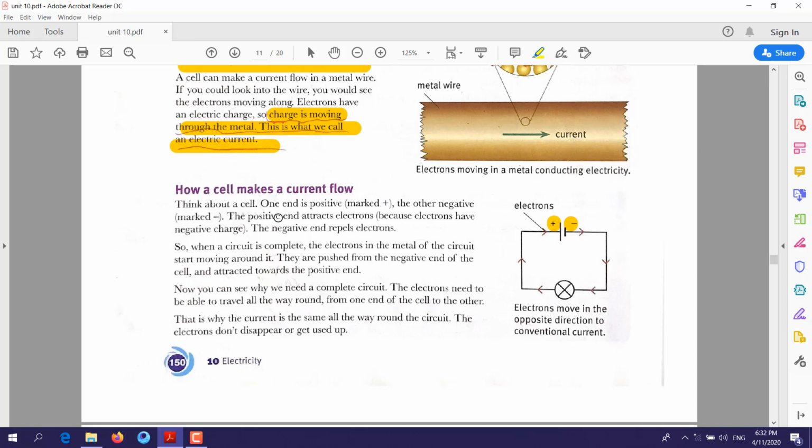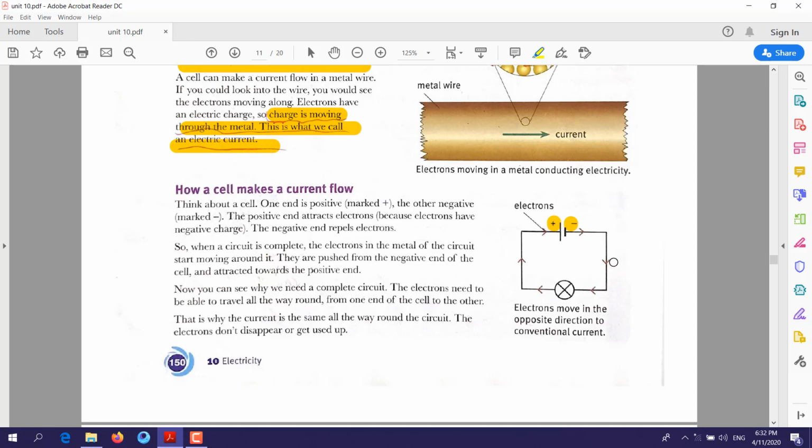Think about a cell. One end is positive and the other one is negative. Maybe someone will say, but Mr., when you explained, you said the electric current moves from positive to negative, and here it's showing the opposite. Electric current is the movement of charges, and we didn't mention which one, positive or negative. As you can see here, the positive end attracts electrons, which have negative charge.